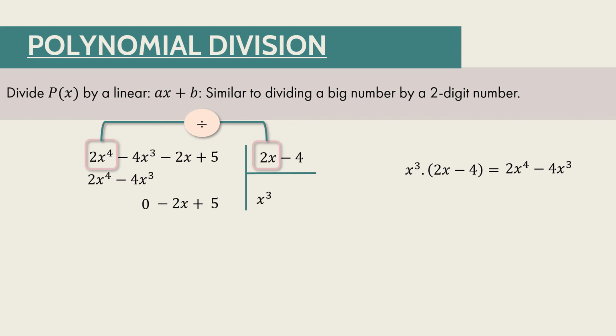So we also bring down 5 to have negative 2x plus 5 divided by 2x minus 4. The quotient is minus 1.